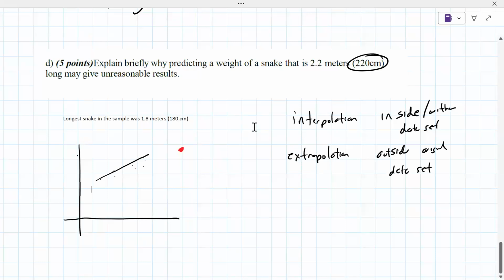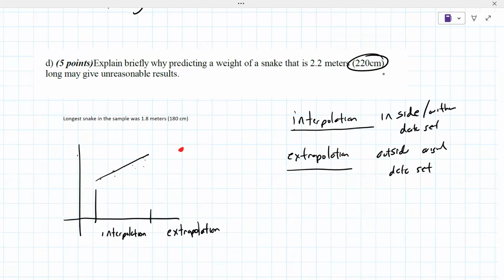But those words are not what they're looking for. They're looking for interpolation and extrapolation. So linear interpolation is like if you choose an X value in here within the bounds of your data set, that's interpolation. As soon as you go outside of it, it's extrapolation. And that's where you don't know what's going to happen. You're unsure if your results will work.